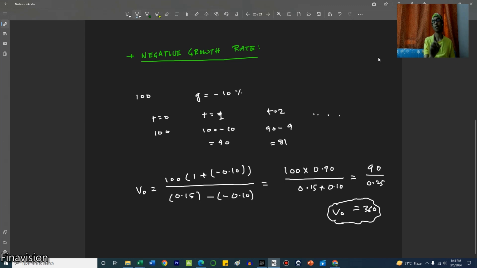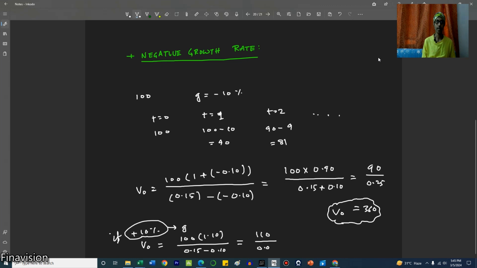In case it was positive, what would have been the value, guys? Let's calculate it also. V0 is equal to, if plus 10%, then this would have become 100 into 1.10 by 0.15 minus 0.10. This value would be 110 divided by 0.05.